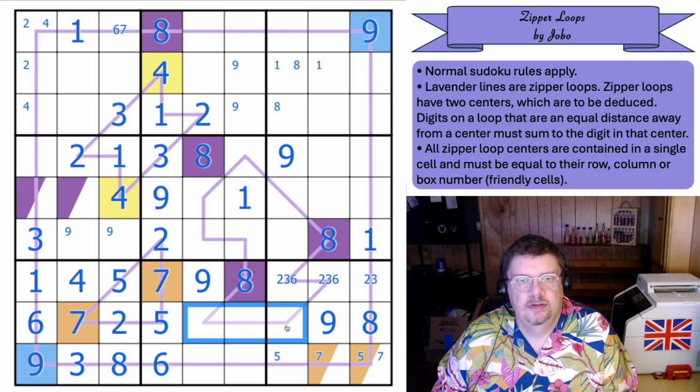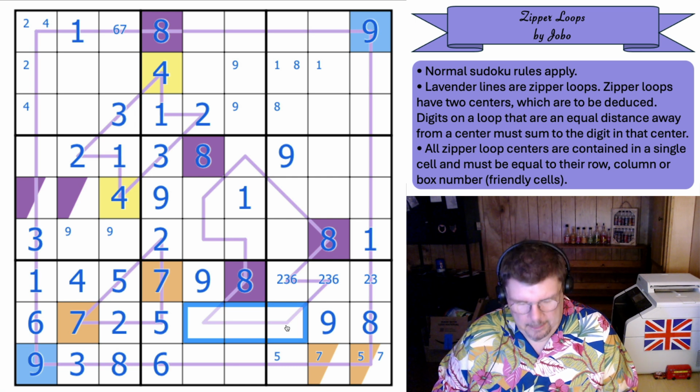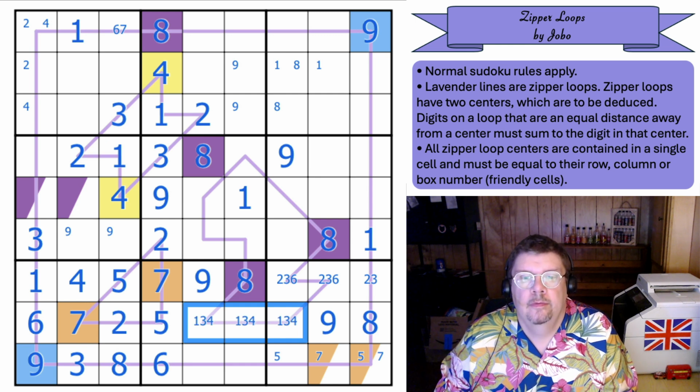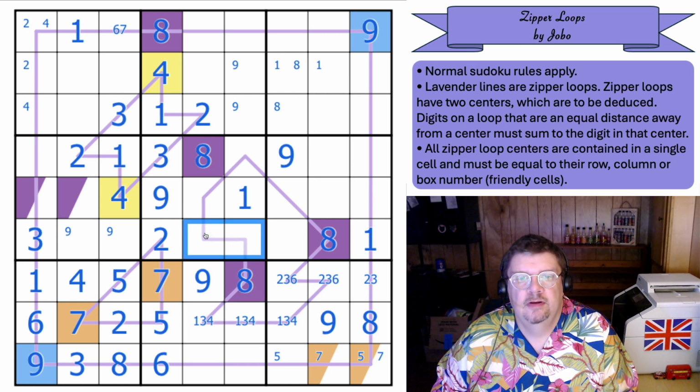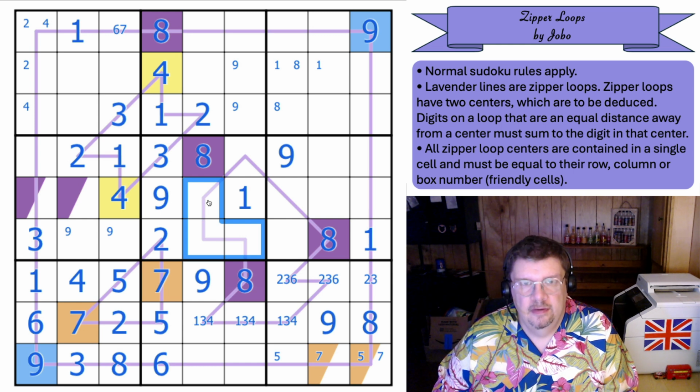These 3 digits are 1, 3, and 4. That means that these 3 digits are 7, 4, and 5.